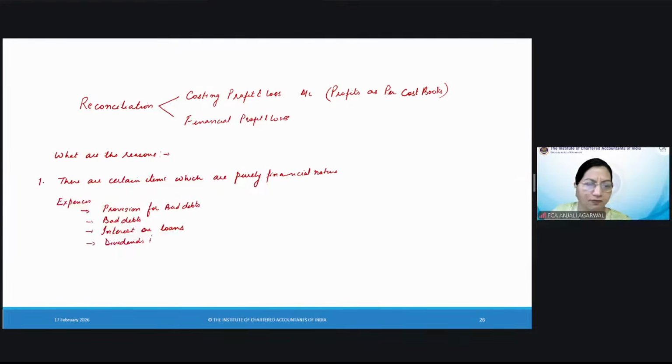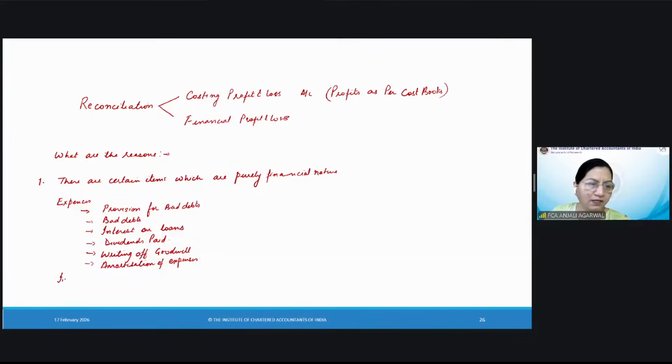Dividends paid, if it is profits after appropriation. Writing off goodwill, or amortization of intangibles. All these are purely financial expenses.